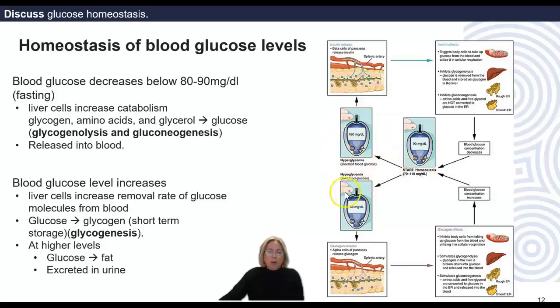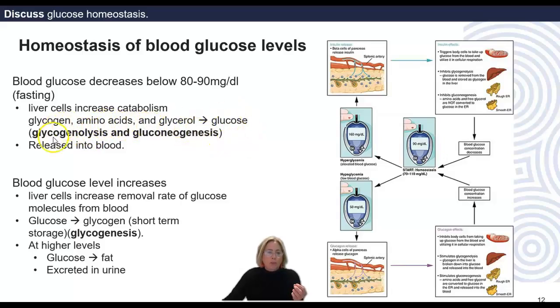So when your blood glucose levels start to dip, that low blood glucose is going to be registered and those alpha cells will release glucagon. So blood glucose decreases below sort of 80 to 90, then you enter this fasting state. The liver cells increase catabolism of glycogen and amino acids and glycerol.